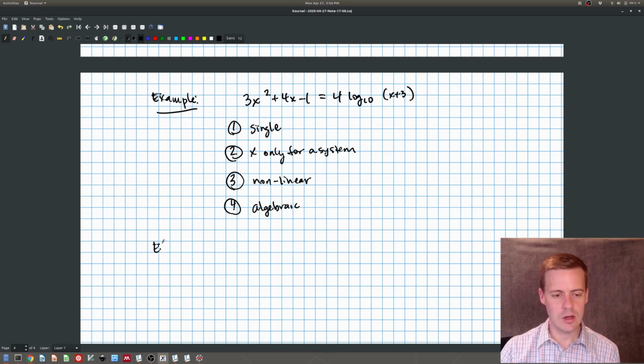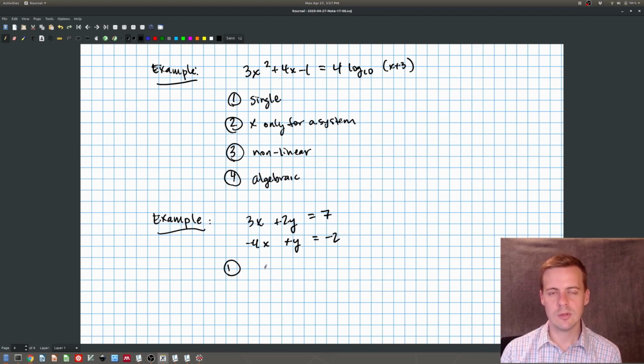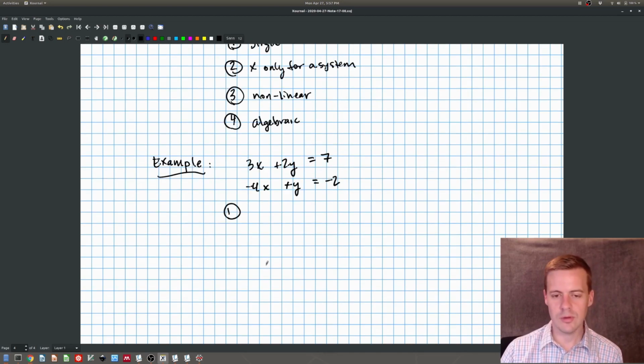Let's try another quick example. See if you can get this one. I'll write it down: 3x plus 2y is equal to 7, and minus 4x plus y is equal to minus 2. Pause the video and see if you can answer 1, 2, 3, and 4. Is this a single equation or a system? It's a system, there are 2 equations, 2 unknowns.